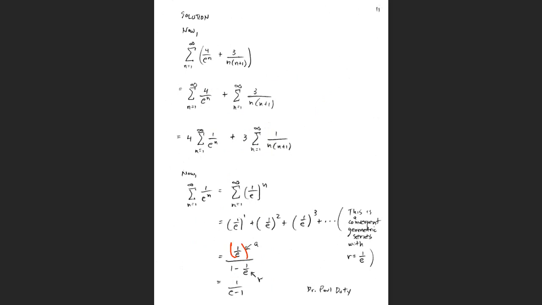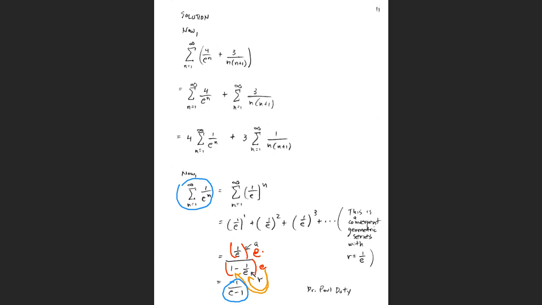If we multiply top and bottom by e, and then you distribute on the bottom, the e to the 1 and the e to the 1 over e, you will get this as your answer. So that's the sum that this first series converges to, equals 1 over e minus 1.